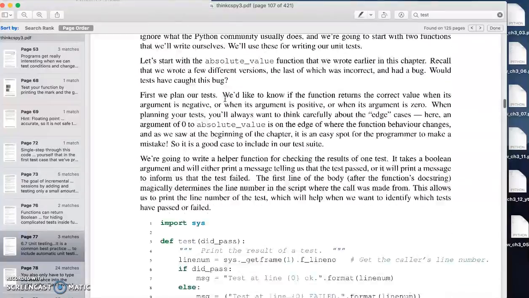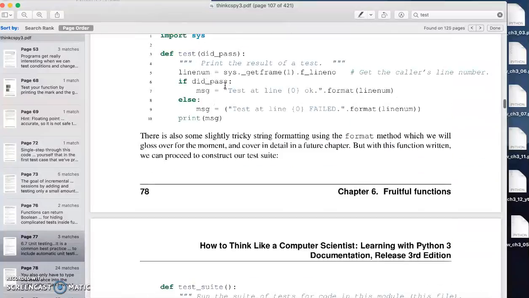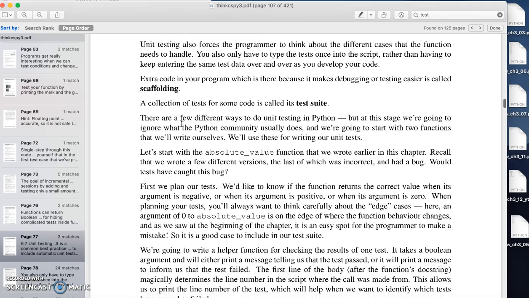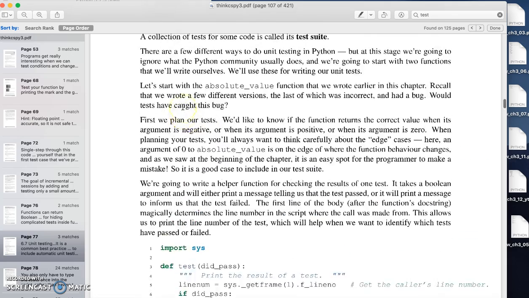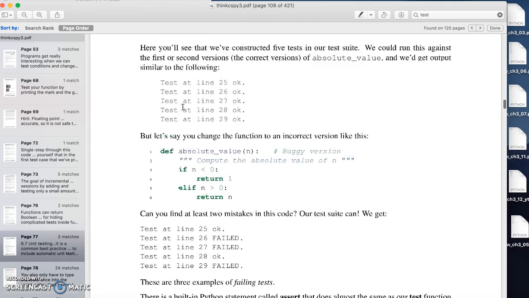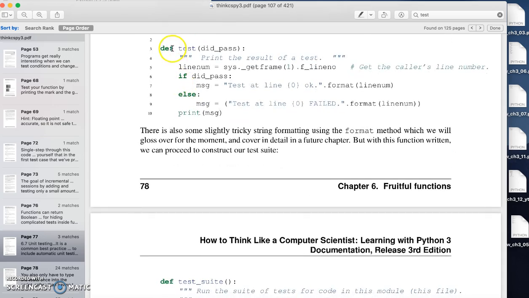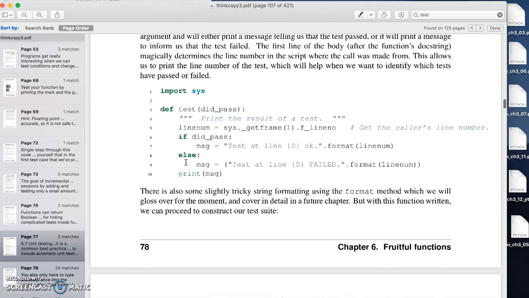This is what they're talking about with the test suite on page 78. They talk about unit testing, and they make this test function and couple that with the test suite.